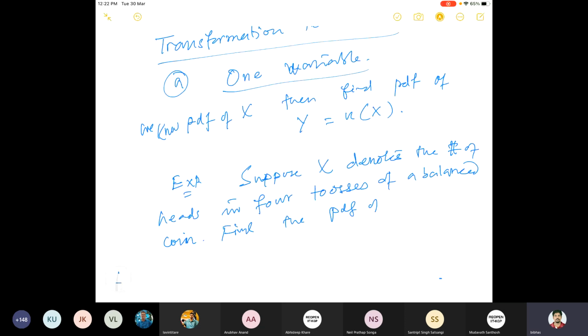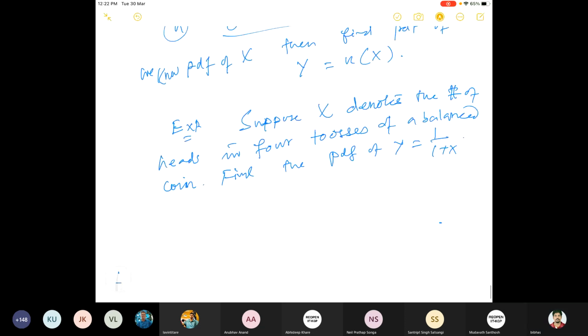Now here, since X is the number of heads, this is like a binomial distribution, right? So X follows a binomial distribution with n equal to 4, and since it is a balanced coin, the probability is half.